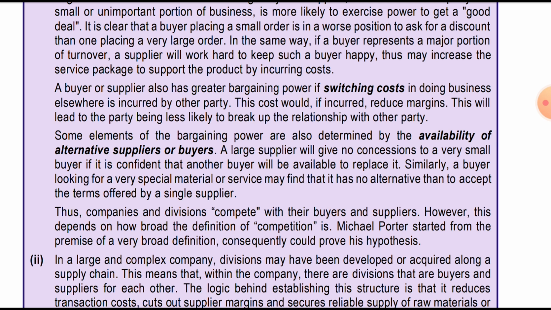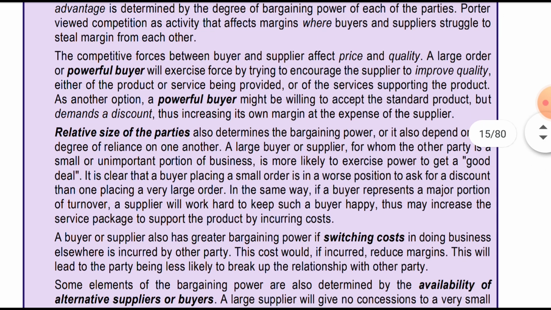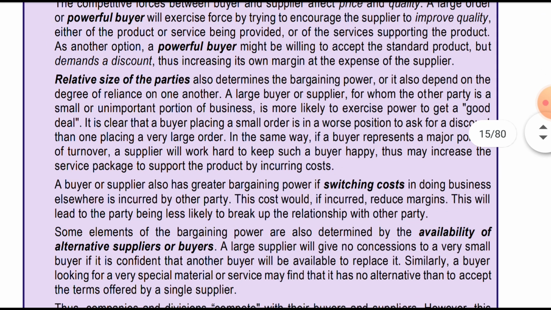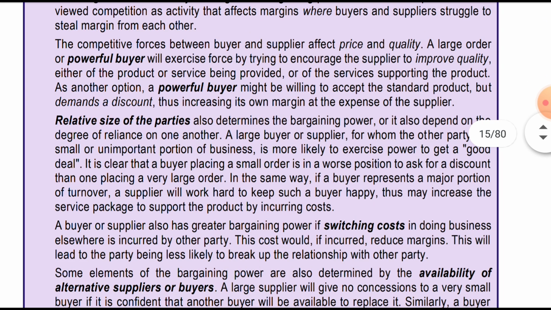So in order to avoid that switching cost, the buyer and seller generally try to keep their relationship with one another. So as we are seeing from this reading, generally it is saying which party has the power over the other party in buying and selling divisions.